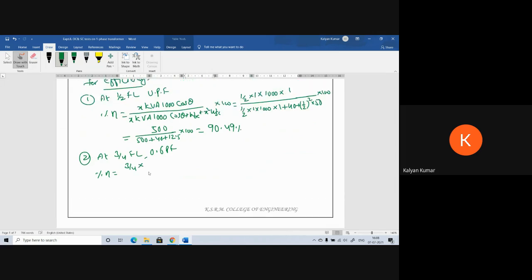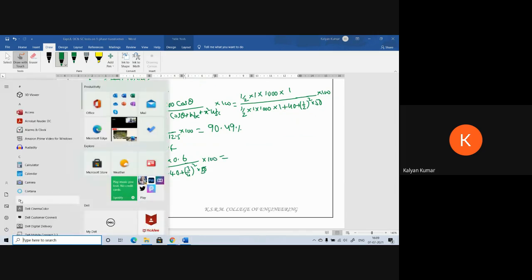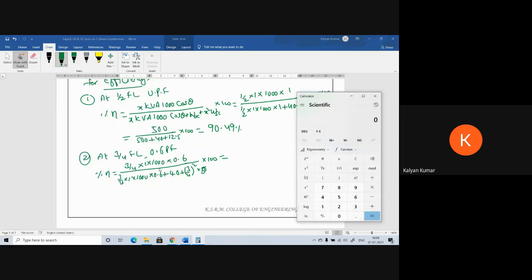3/4 into kVA rating, which is 1 into 1000 into 0.6, divided by 3/4 into 1 into 1000 into 0.6 plus 40 plus (3/4) whole square into 50, into 100. 3 by 4 is 0.75 into 1000 into 0.6.